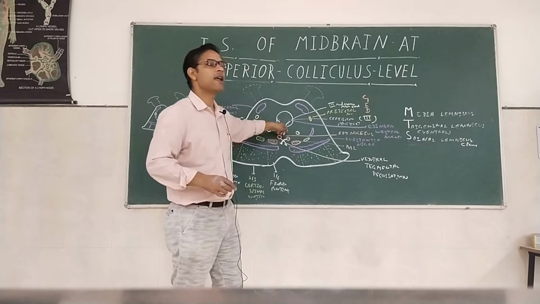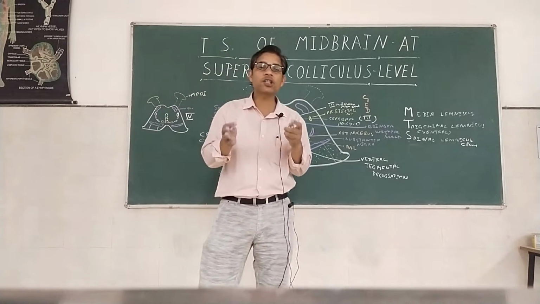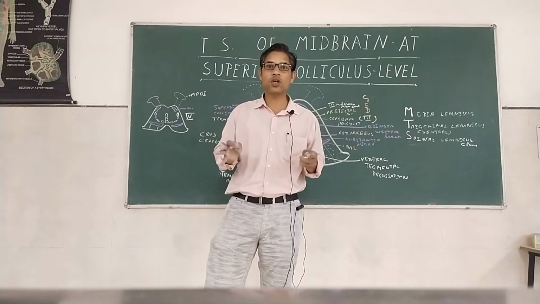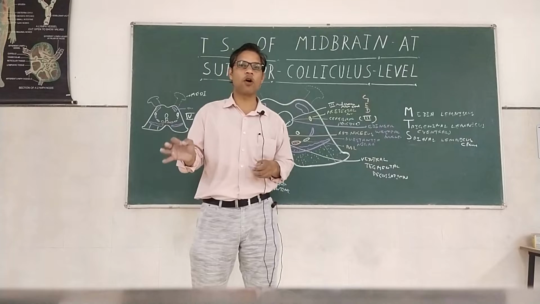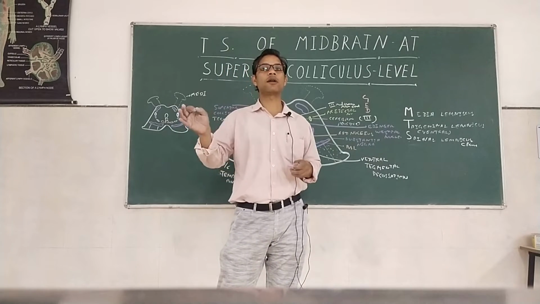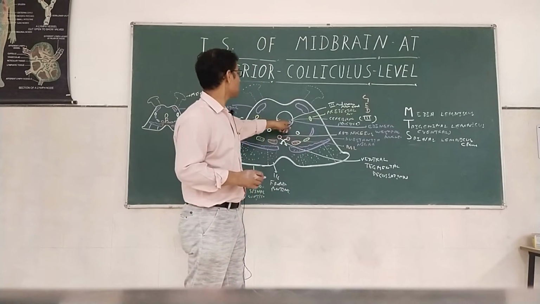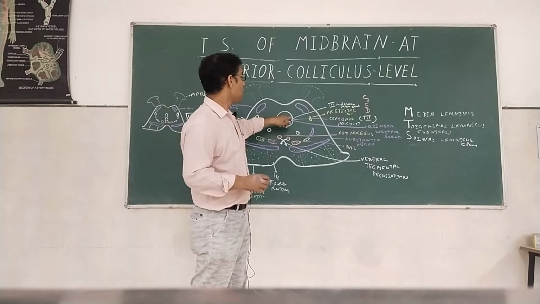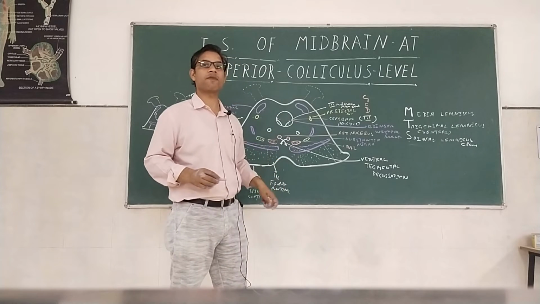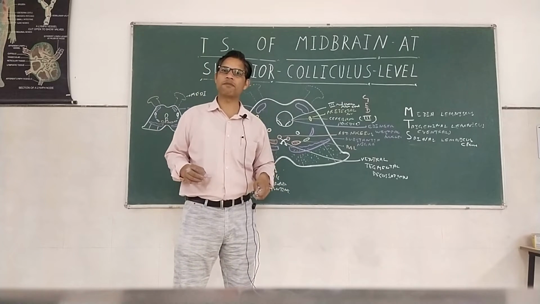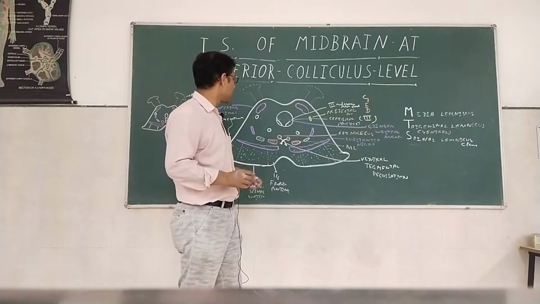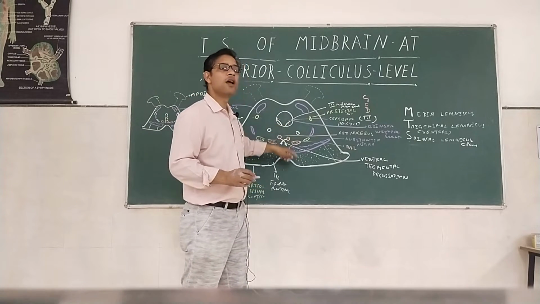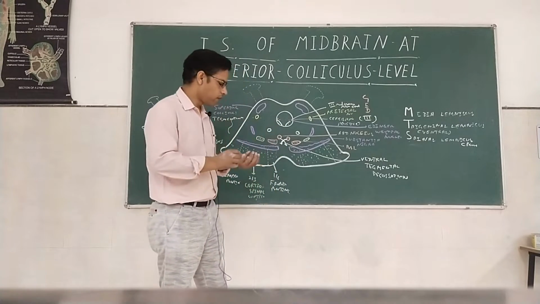The third nerve nuclei supply the extraocular muscles except the superior oblique and the lateral rectus. This is a complex with the more dorsolaterally present Edinger-Westphal nucleus, which is carrying the parasympathetic fibers. We can understand these are the nuclei for the third nerve.